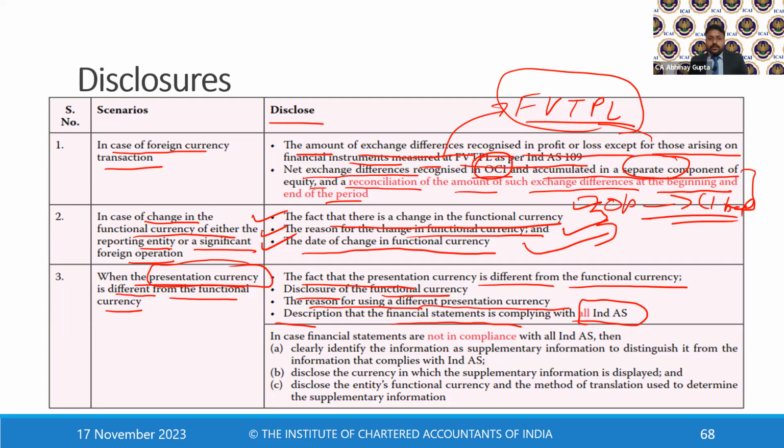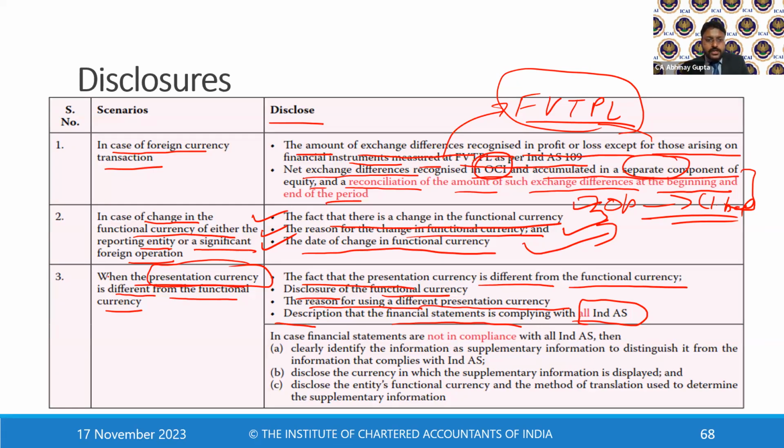Now I declare that financials prepared in dollar currency, that is the presentation currency, are in compliance with all the accounting, measurement, recognition, and disclosure requirements of all the Ind AS, right? So that disclosure I need to make.